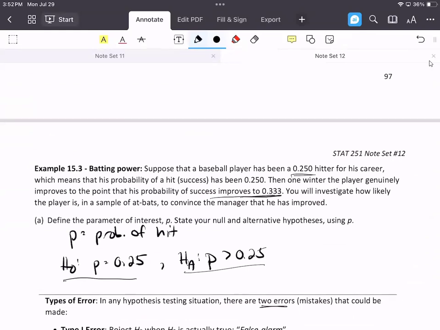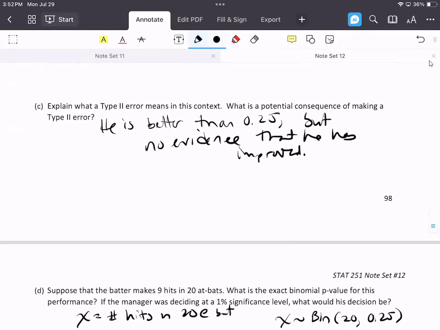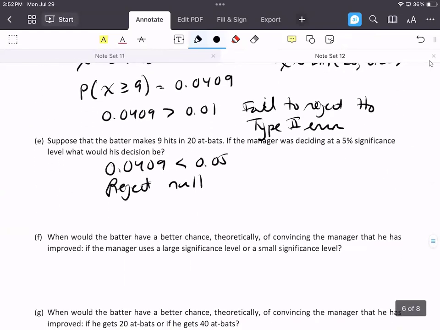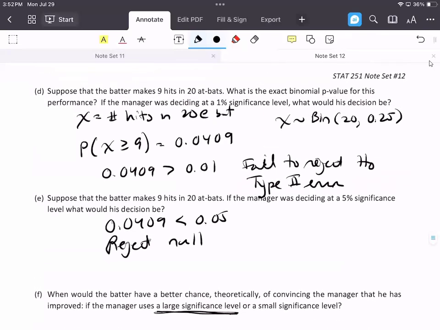He just needs to show that he's improved. So there's no error in E. Now, when would the batter have a better chance, theoretically, of convincing the manager that he has improved? If the manager uses a larger significance level or a smaller one? Well, we see right here the larger, because that's what happened in D and E. It's a more liberal use of the data.